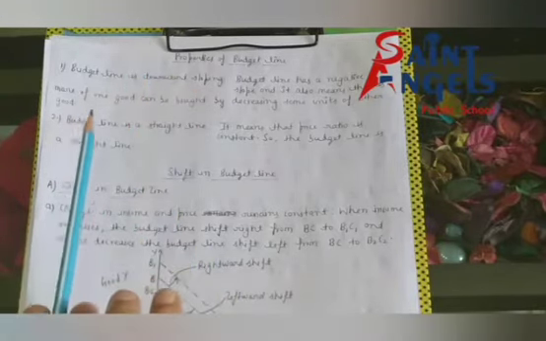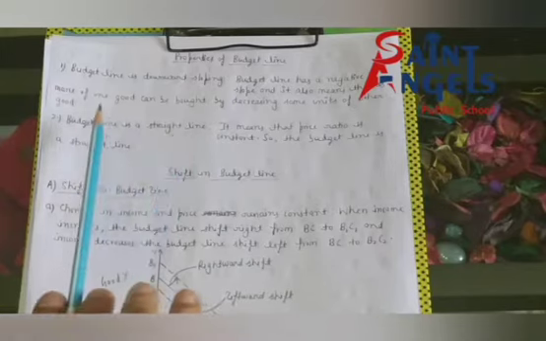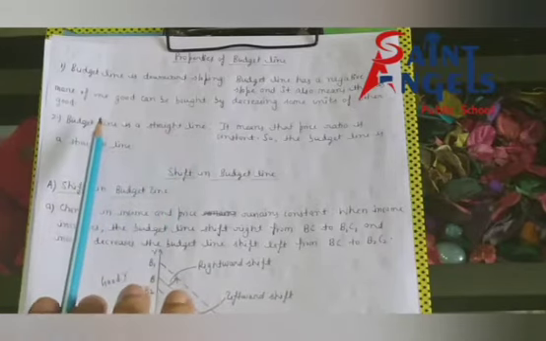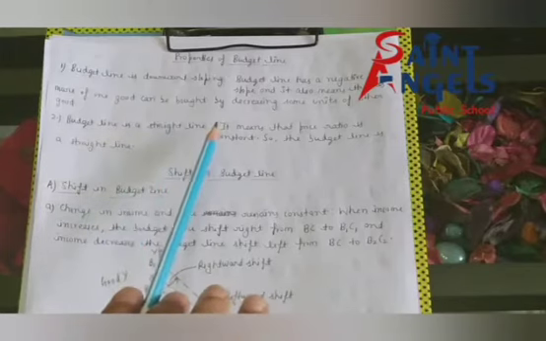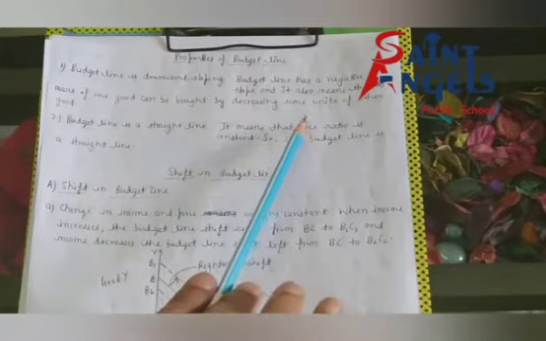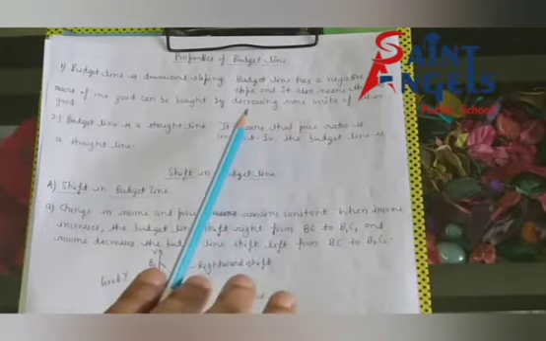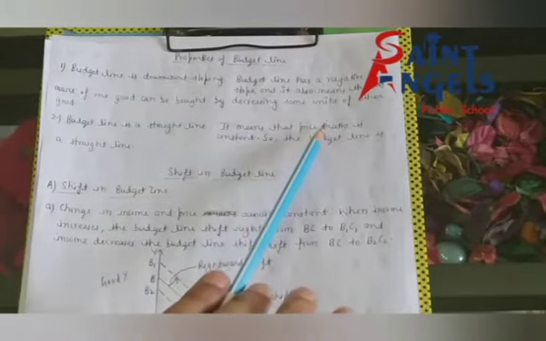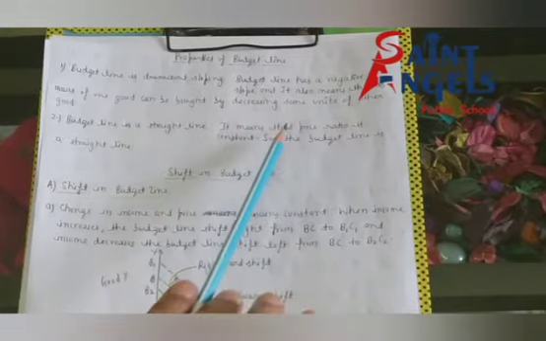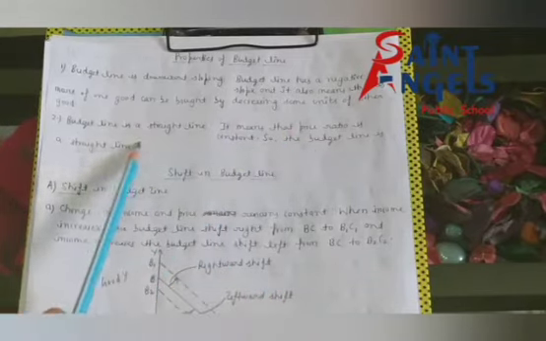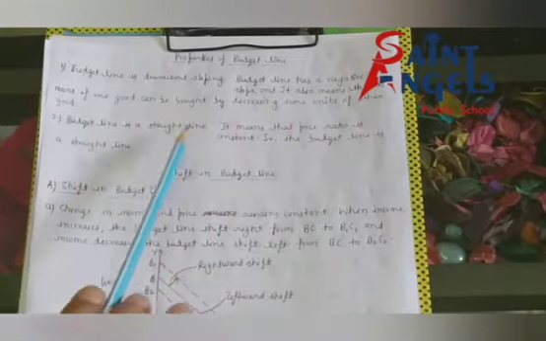See, the next property: budget line is a straight line. Why is it a straight line? Because the price ratio, which means the slope, is constant. So the budget line is a straight line.